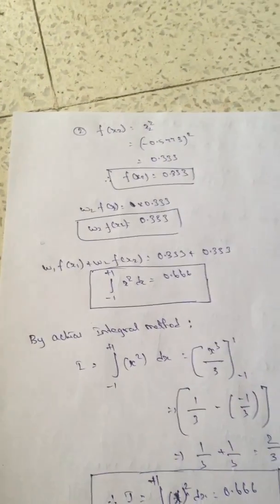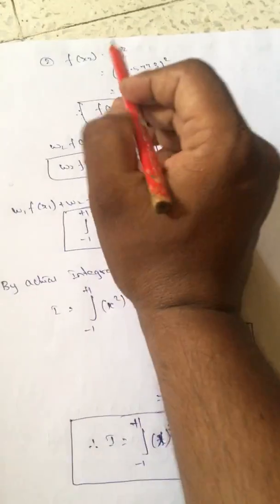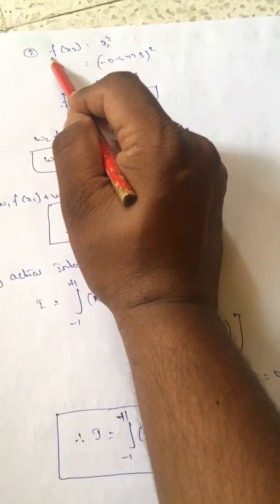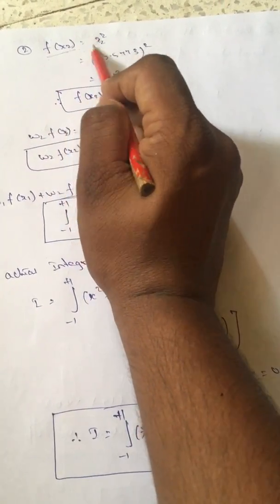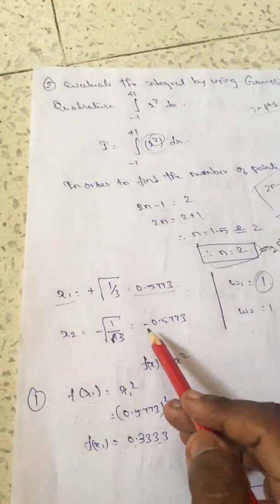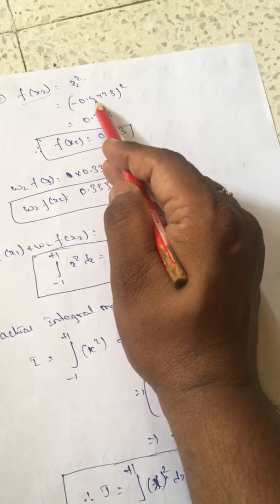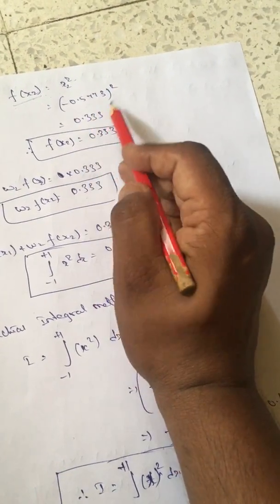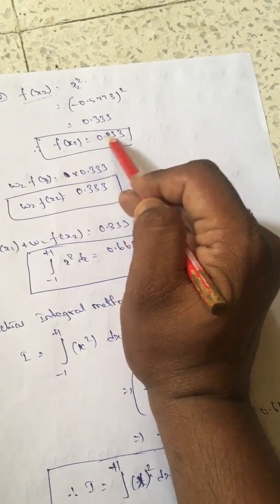Similarly, I have to find w2 f of x2. First I find f of x2, which is x2 squared. I take x2 from the previous step, that is minus 0.5773, so minus 0.5773 the whole square. Squaring it, I get f of x2 equal to 0.333.